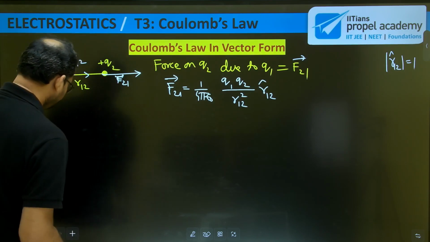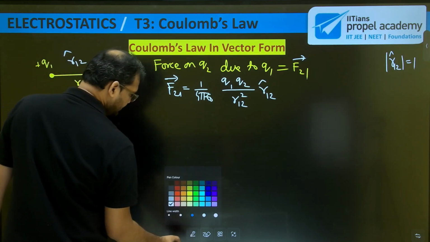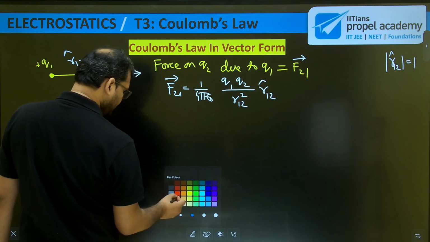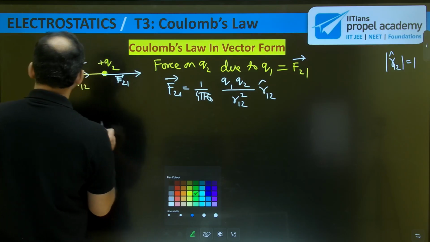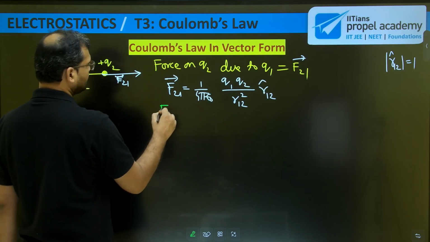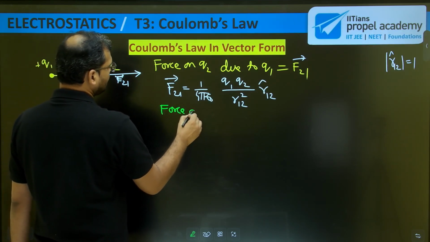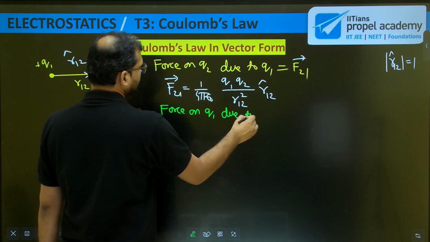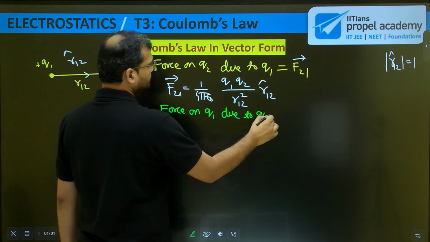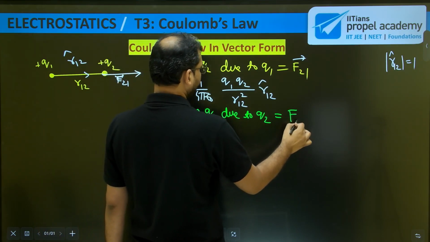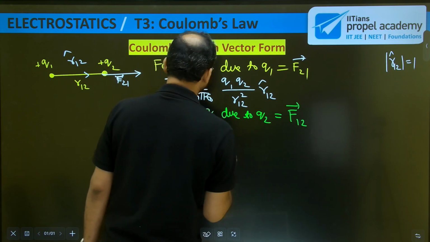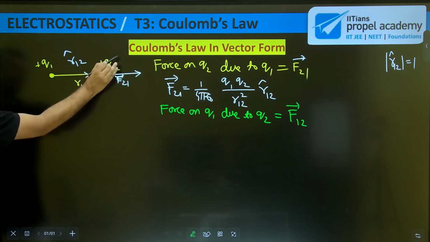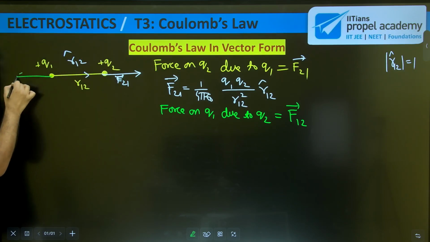Now we do the reverse. Let's look at the force on Q1 due to charge Q2. I will write this as F12 bar, which means Q2 repels Q1 like this.